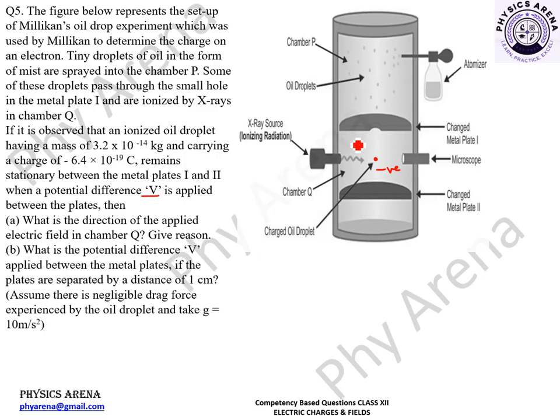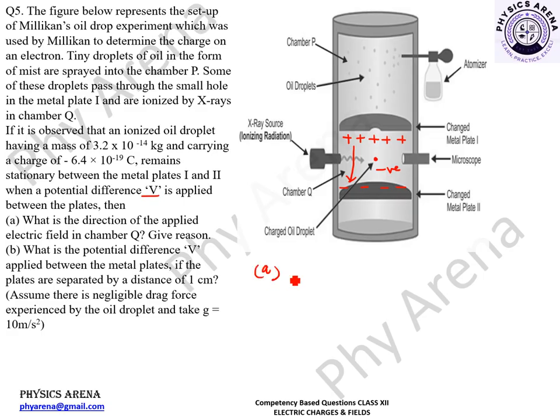This is possible only when metal plate 1 is positively charged and metal plate 2 is negatively charged. Then only this charged particle will be moved towards the upward direction, because the force due to gravity is acting in the downward direction. So the direction of electric field inside chamber Q is from positive to negative, because electric field always moves from positive to negative.